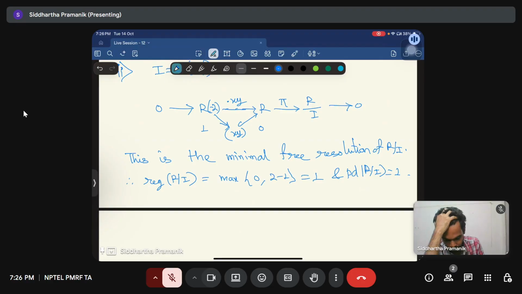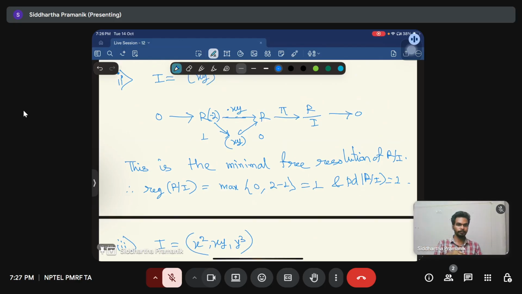Now the third one, which is complicated. So here I is x square, xy, y cube. Okay.